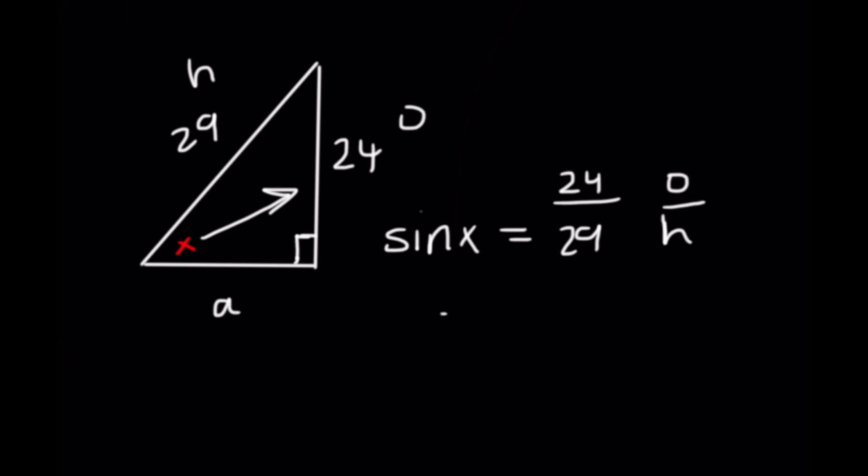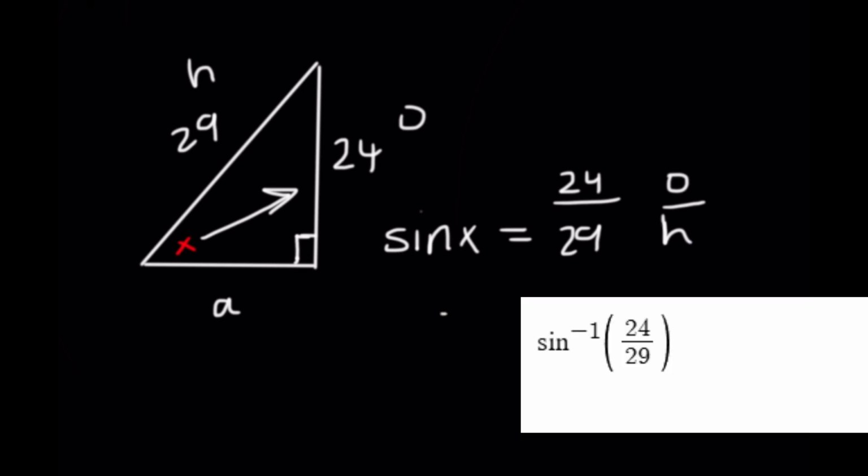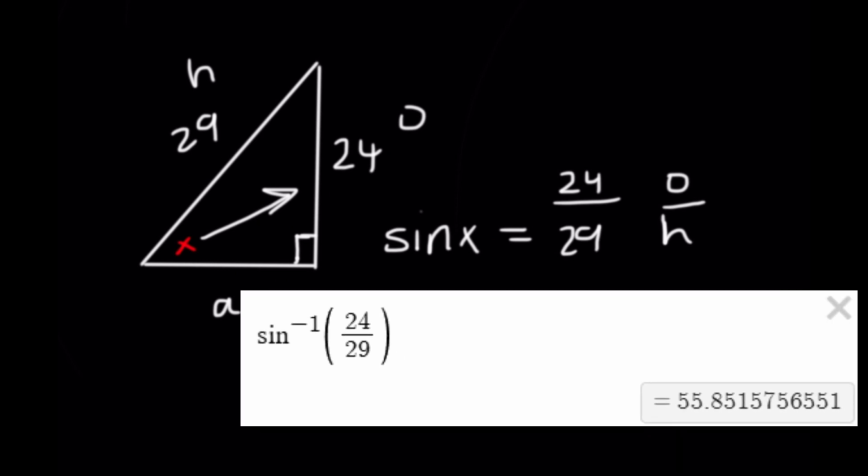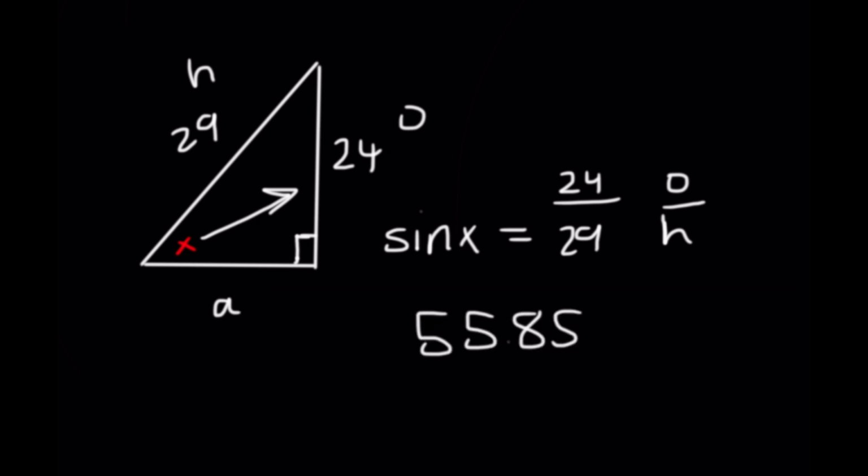We put that into the calculator: sine to the negative 1 of 24 divided by 29, and it should give us 55.85, which rounds to 55.9 degrees. So that's what you should get.